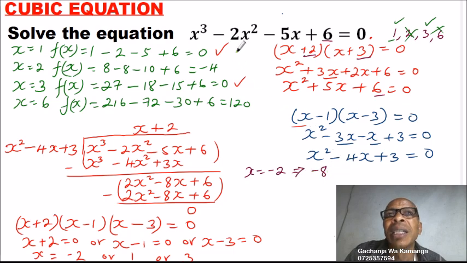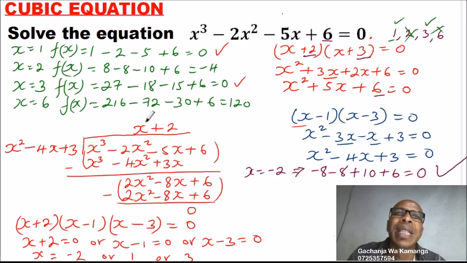Minus 2 squared is 4, and 4 times minus 2 gives you minus 8. Then minus 5 multiplied by minus 2 gives positive 10, plus 6. So minus 8 minus 8 is minus 16, plus 10 gives minus 6, and minus 6 plus 6 is equal to 0. So you can see it satisfies our equation.